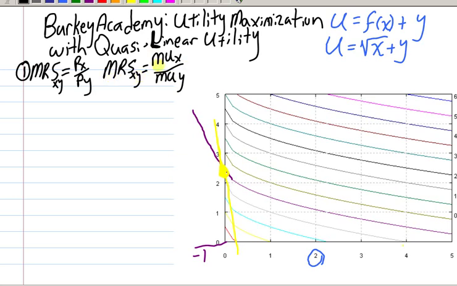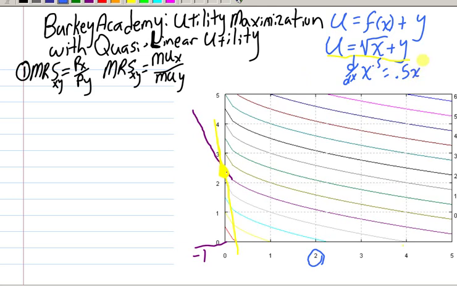Now remember, how we find the marginal utility with respect to X is to take the partial derivative of the utility function with respect to X. And the marginal utility of Y will similarly be the partial derivative of this function with respect to Y. So taking the derivative of this function with respect to X is just finding the derivative of the square root of X. Now the square root of X, keep in mind, is the same as X to the 0.5, so the derivative is 0.5 times X, multiplying by the exponent and then subtracting 1 from the exponent.